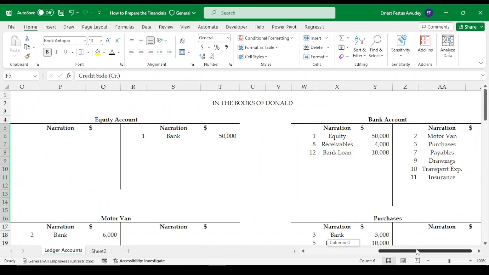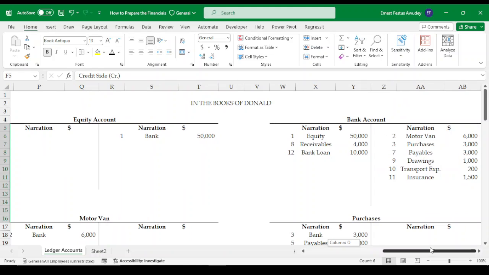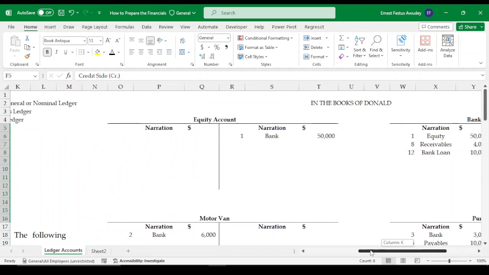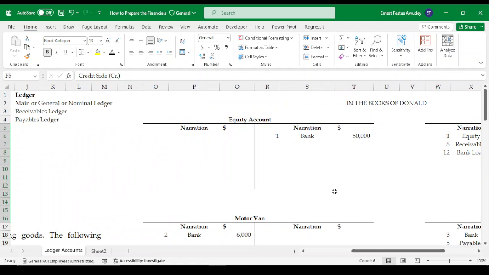Now, when you look at the accounts, that is not what we are seeing here. So we are going to make them agree with each other. So what we do to balance off an account is that the first step is for us to calculate the total for both sides.